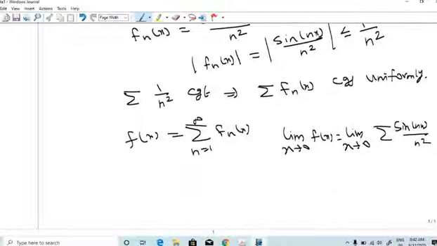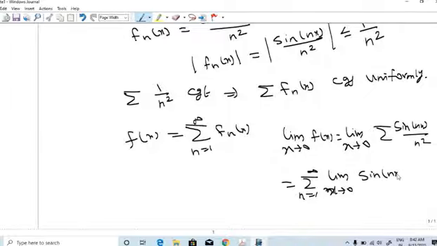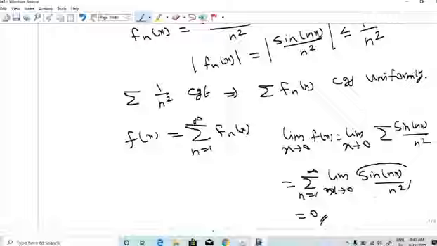Therefore, this is equal to summation n equal to 1 to infinity of limit x goes to 0 of sin nx by n square. Since sin 0 is 0, this converges to 0. Or you can use the sandwich lemma to show that the limit of this sequence is 0. Therefore, the limit of f of x as x goes to 0 is 0.